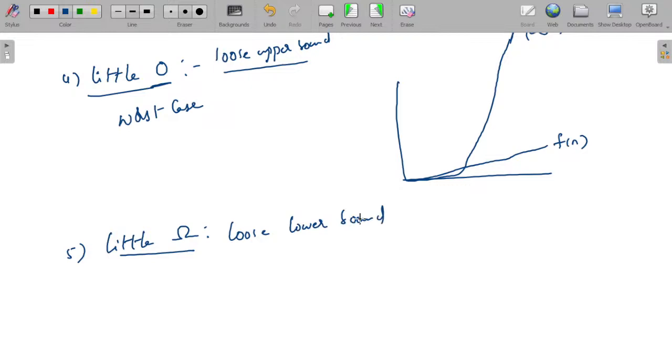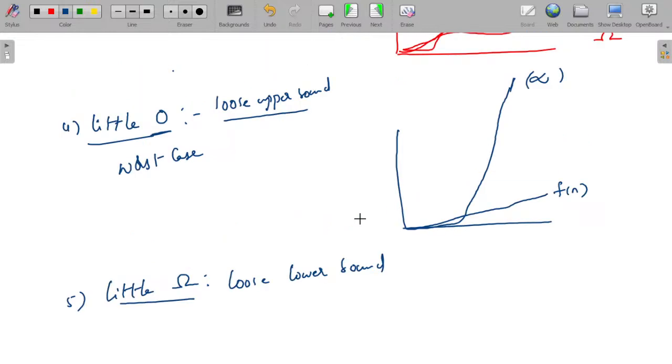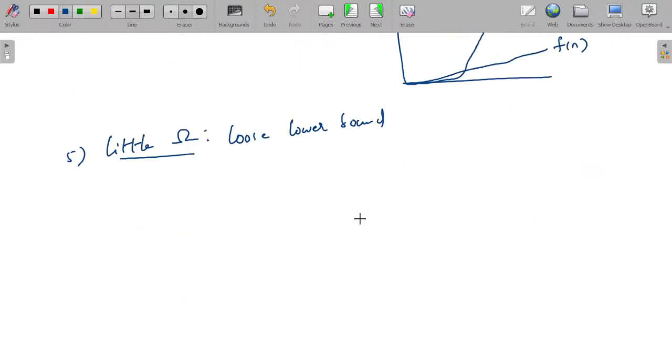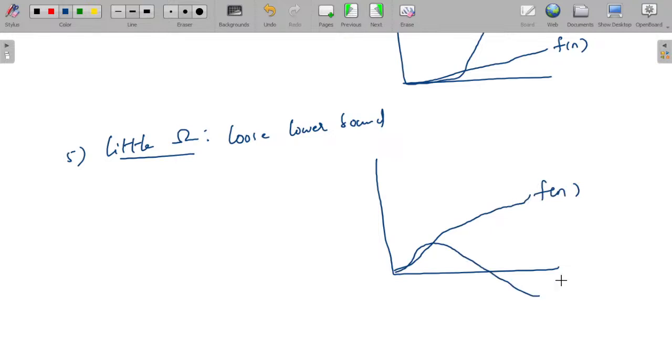So the graph would look something like this for this. If you take this as f of n, the omega notation would look something like this, it would go to negative infinity, right? So this is how the little omega representation is used.